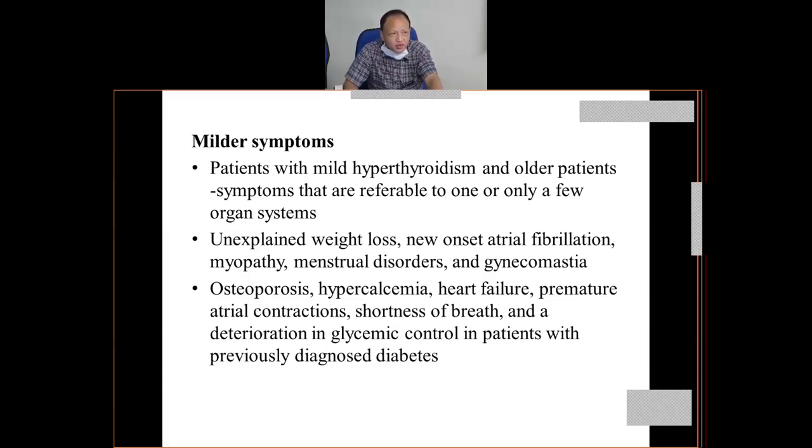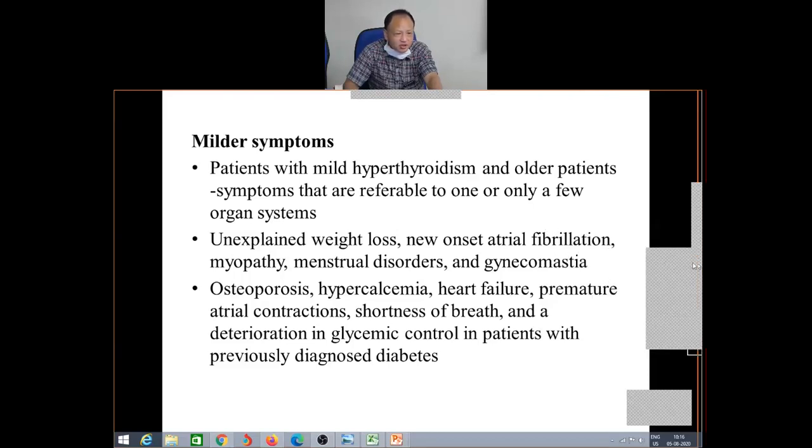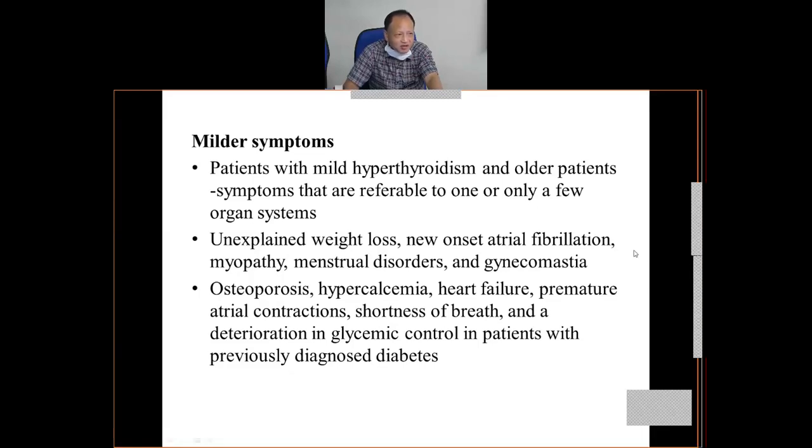A patient who comes to you with new onset atrial fibrillation, myopathy, weakness of the muscles, menstrual disorders and gynecomastia, osteoporosis, hypercalcemia, heart failure, premature atrial contraction, shortness of breath, and a deterioration in glycemic control in patients with previously diagnosed diabetes should be considered, and the patient should be ruled out for coexistent hyperthyroidism.